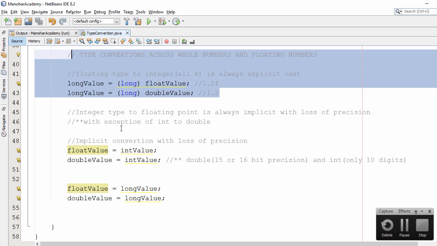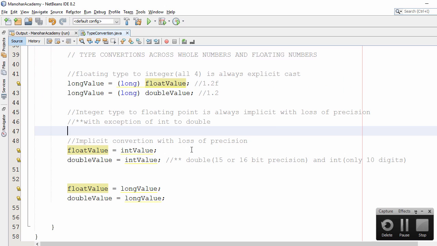When we deal with integer type to floating point, there also we have seen that these floating point numbers can't accurately represent all the values. They represent only approximate values. So in case of float, it is only approximate up to 6 or 7 digits, but in case of double, it is approximate to 15 or 16 digits of precision.